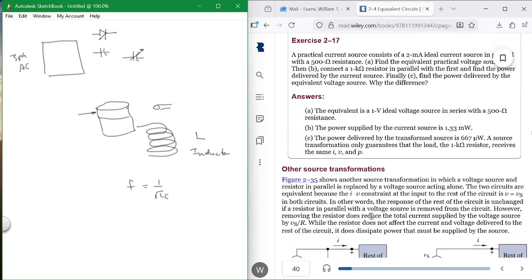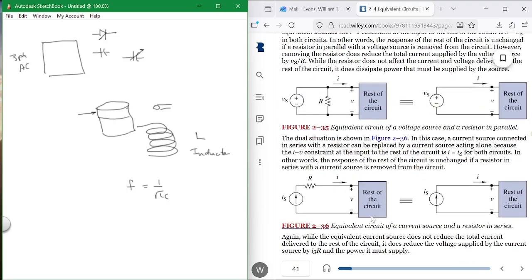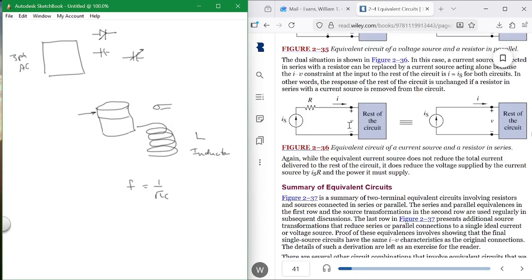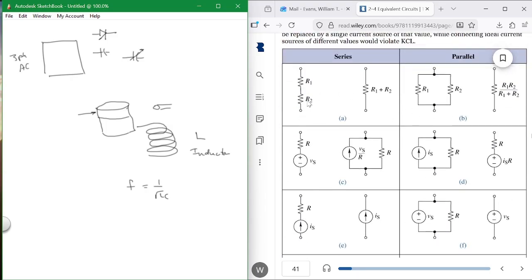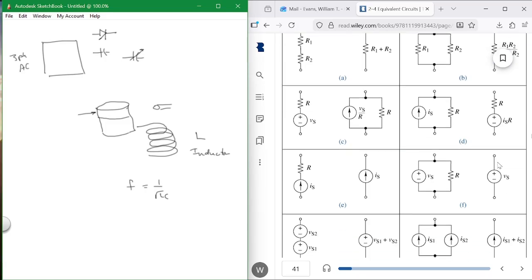And so I can replace certain things with other things. Okay, so here's this, replace it, here's the voltage source to a current source to a voltage source. We do this all the time.